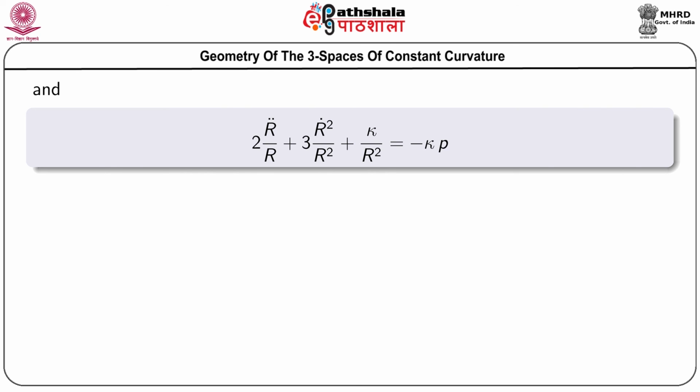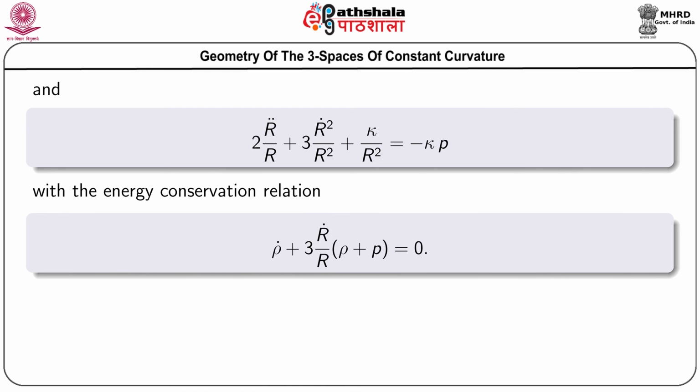And 2 R double dot by R plus R dot square by R square plus kappa by R square equals minus kappa p. With the energy conservation relation, rho dot plus 3 R dot by R within the bracket rho plus p equals 0, where dots denote derivatives.